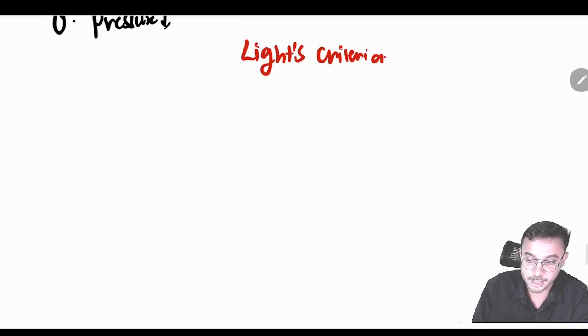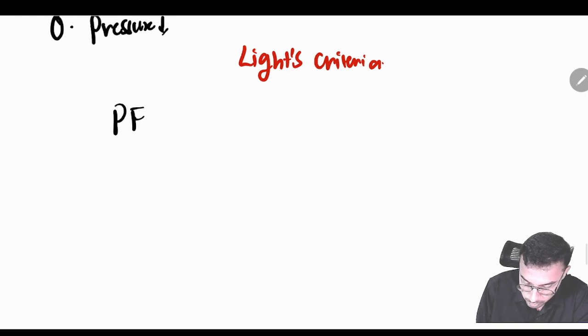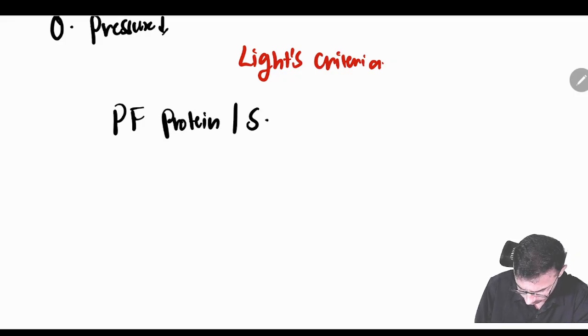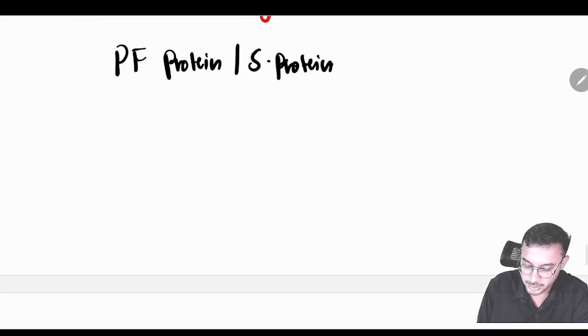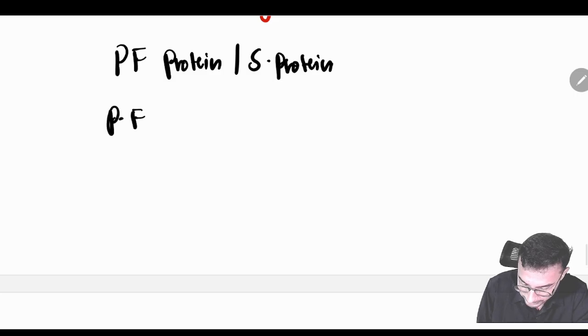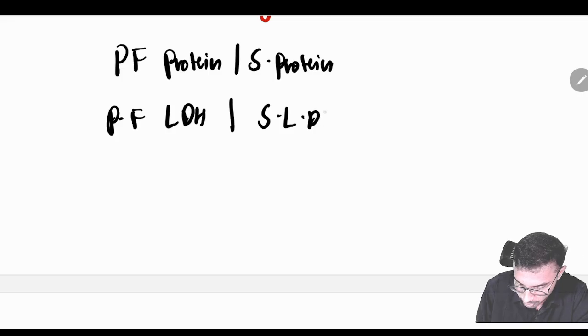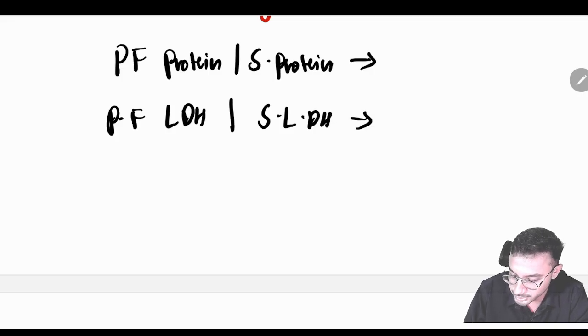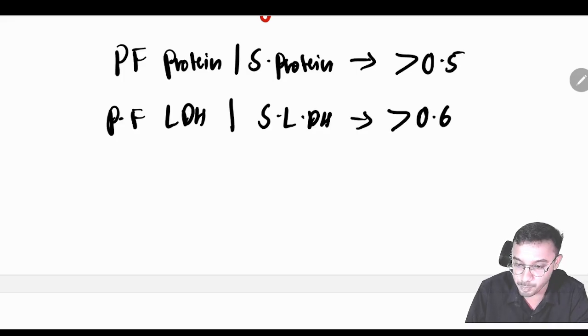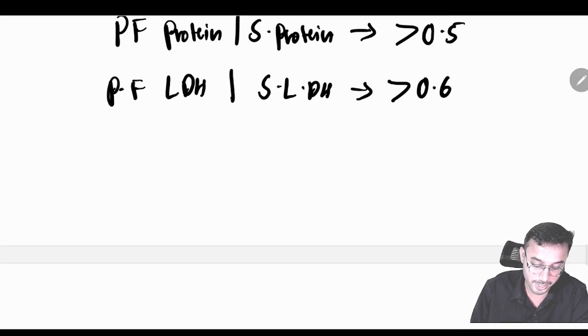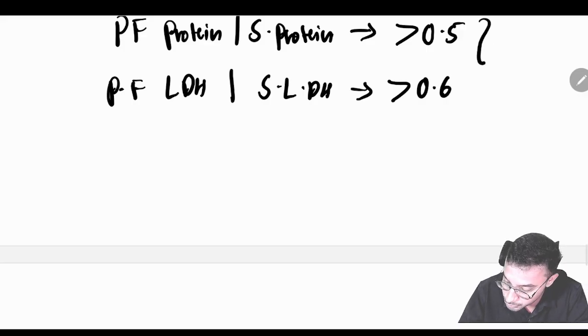Light's criteria is used to differentiate whether it is transudate or exudate. So I will take the pleural fluid protein and serum protein, and next the pleural fluid LDH and serum LDH. If my protein ratio is greater than 0.5 and my LDH ratio is greater than 0.6, then it indicates the exudate variety.